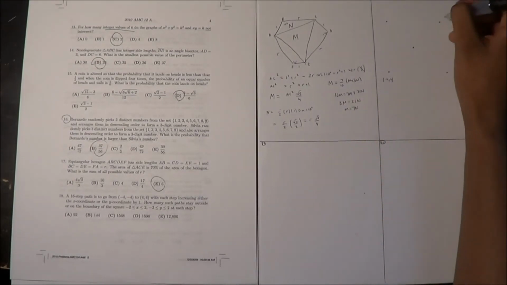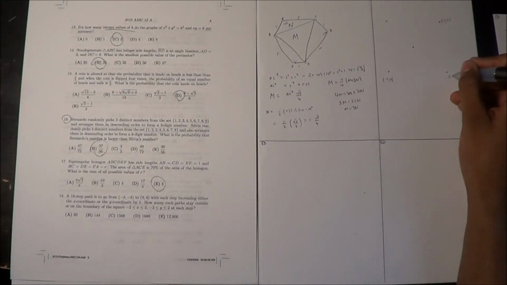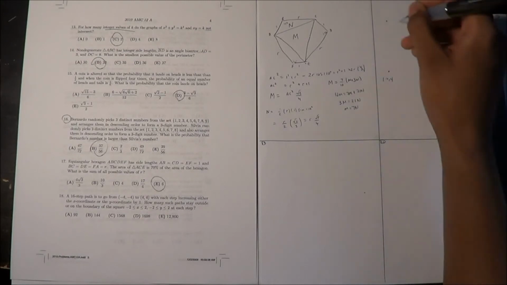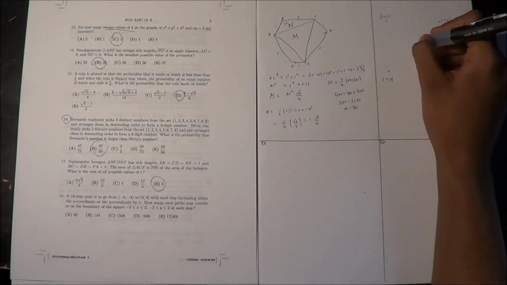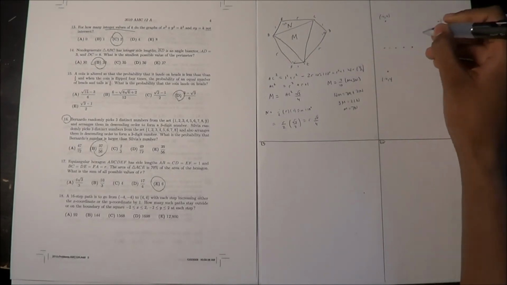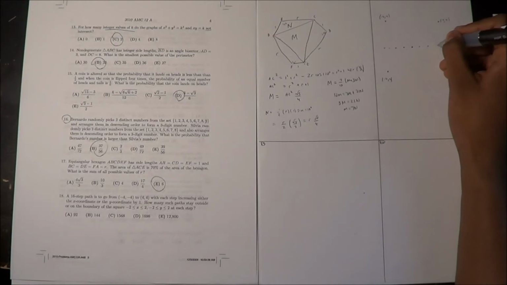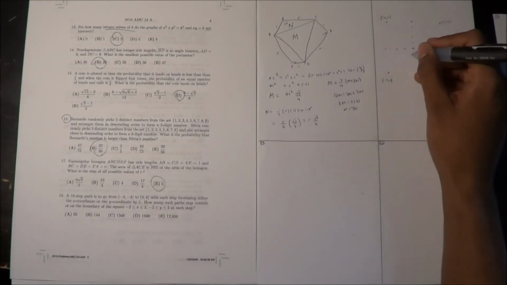Negative 4, 4. 4, negative 4. Negative 4, 4. And it's 1, 2, 3, 4. 1, 2, 3, 4. 1, 2, 3, 4.